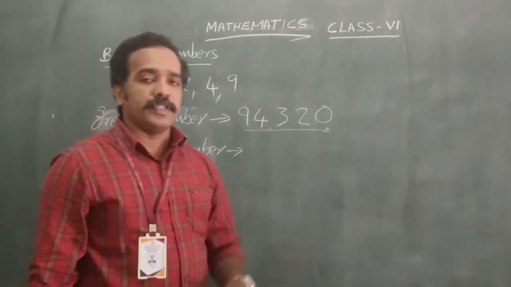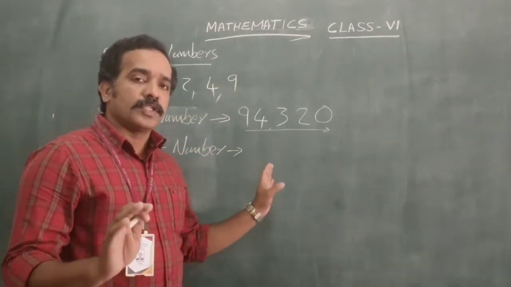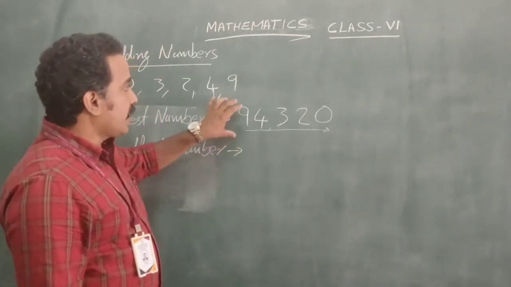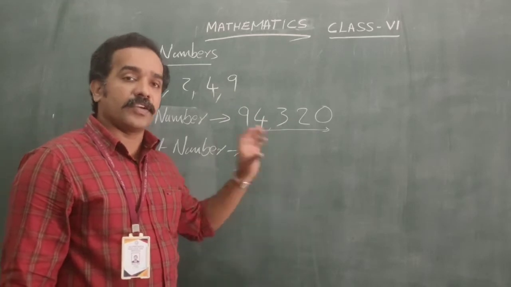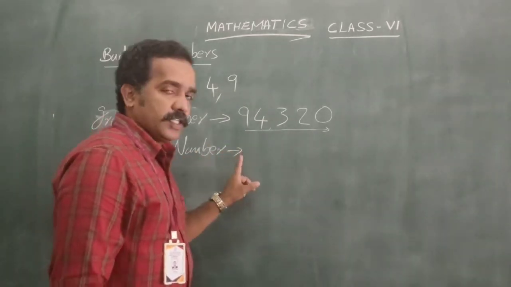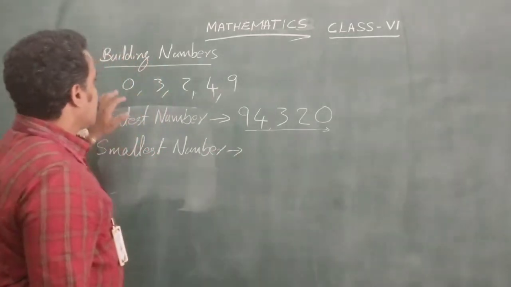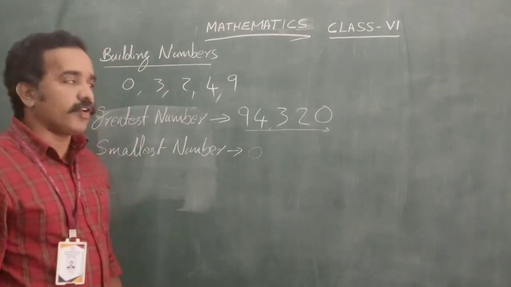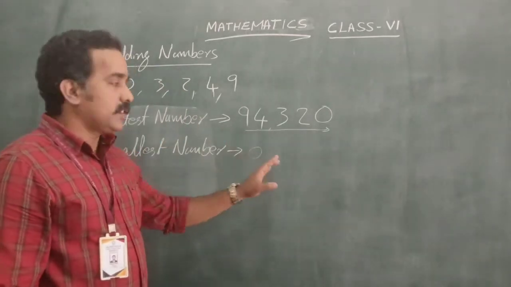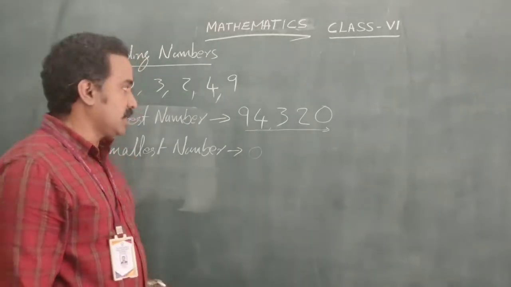And the smallest number using these 5 digits, how can we make it? To form the smallest number, arrange the digits in the ascending order. Ascending order means small to big. The smallest digit we have to write first. Here the smallest digit actually is 0. But when you are forming a number, 0 can never be placed in the first place or the highest place.